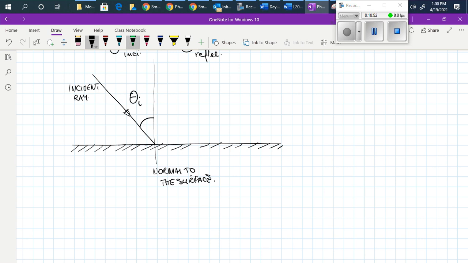And then what this law is saying is that it will be reflected. This is the reflected ray, and the angle of reflection is the same. So angle of incident is equal to the angle of reflection.